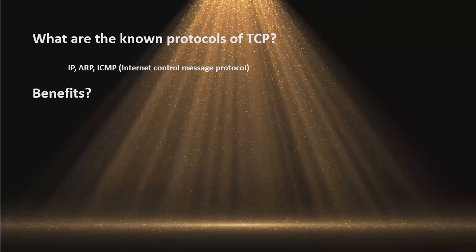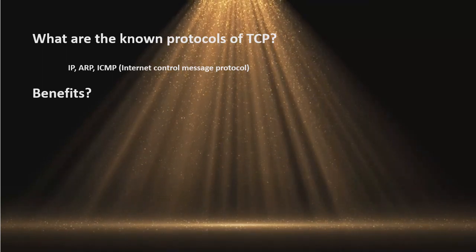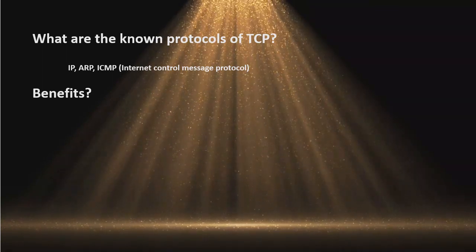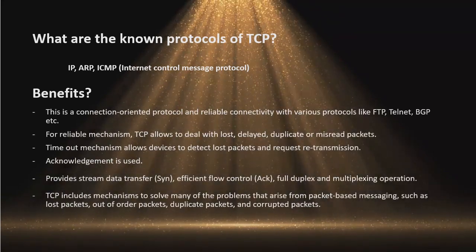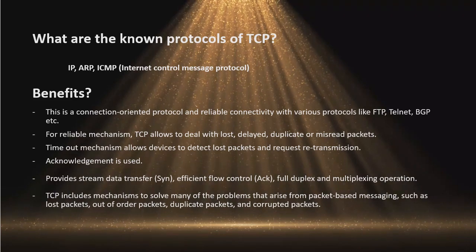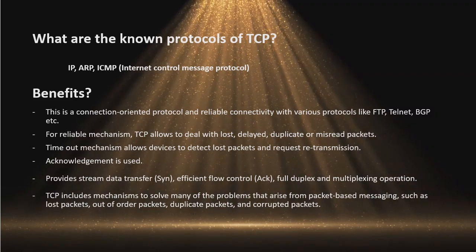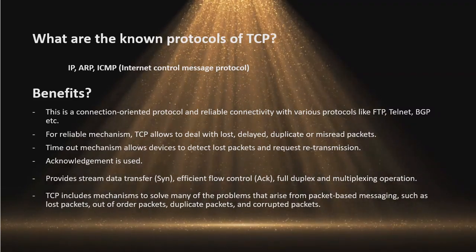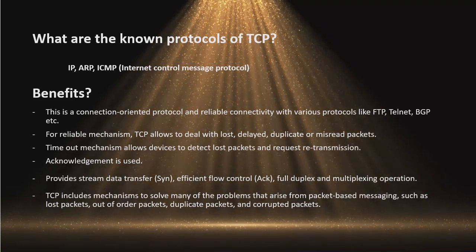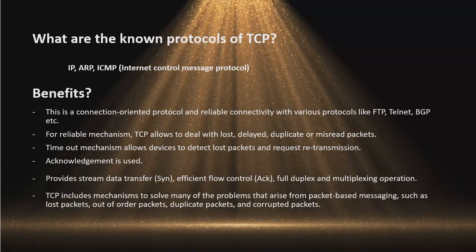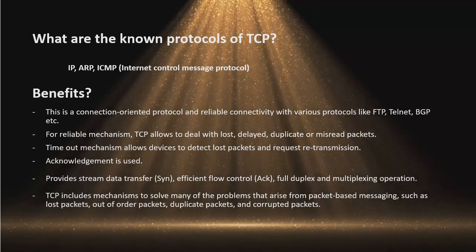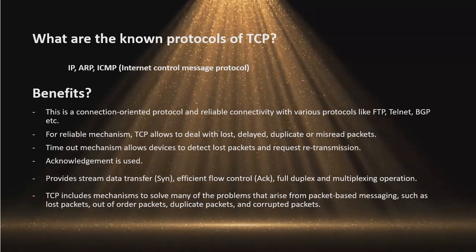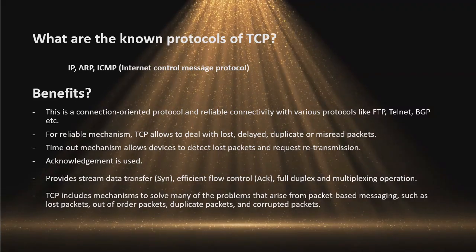These three are the known protocols of TCP: IP, ARP, and ICMP. The main benefits of TCP are, it is a connection-oriented protocol, which we already know. It's for reliable connectivity, and due to this reliable mechanism, we can deal with lost, delayed, or duplicate packets. We can also have a timeout mechanism where we can retransmit the packets to the end user.